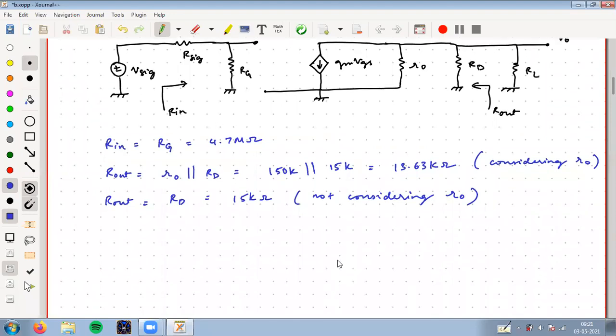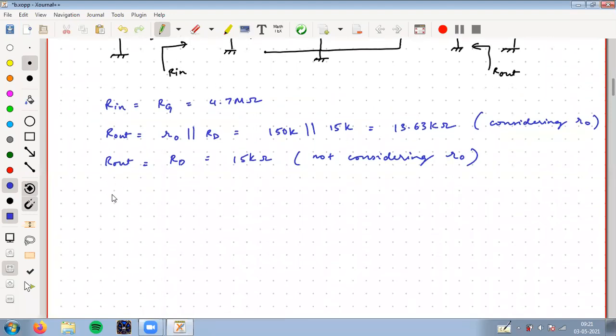Similarly, I have AV0. AV0 is V0 by Vi, which is minus GM into RD parallel R0. Remember, this is AV0, so here RL is infinite.